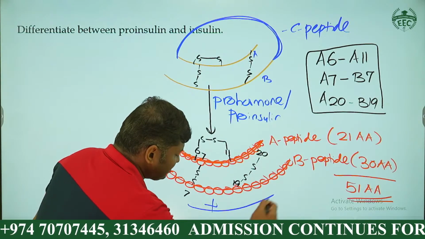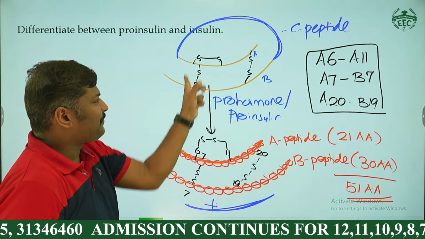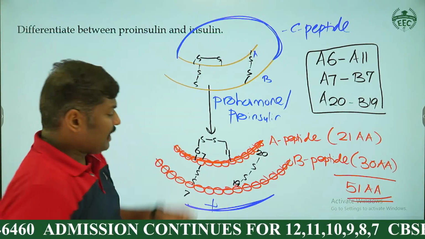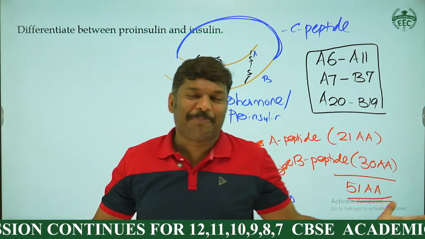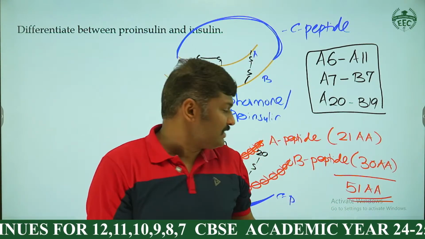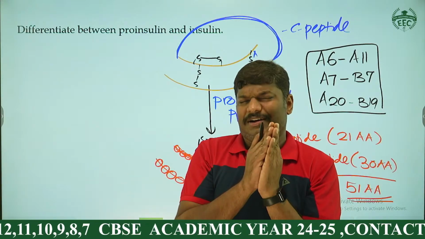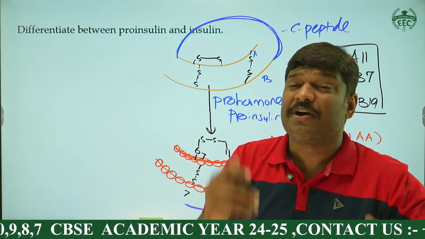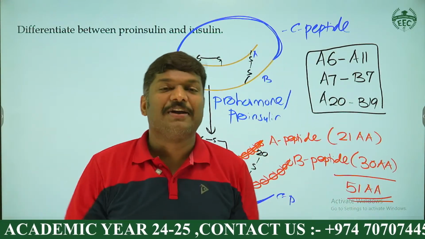This is the A chain, B chain, disulfide. The C peptide is extra. Pro-insulin to insulin, that process is called what? Processing or maturation. This is one of the important steps in the biotechnological process of human insulin. That is the difference. So pro-insulin and insulin, this is the major difference, my dear students.